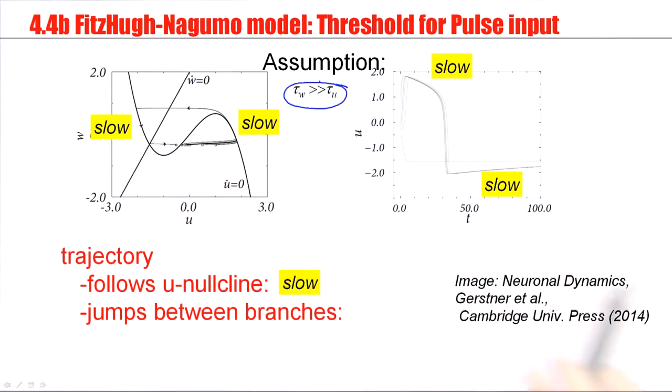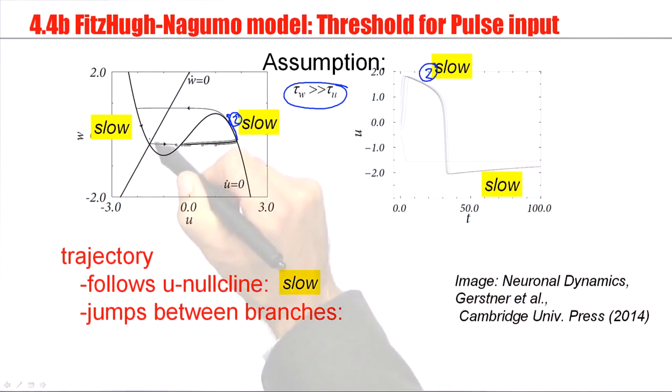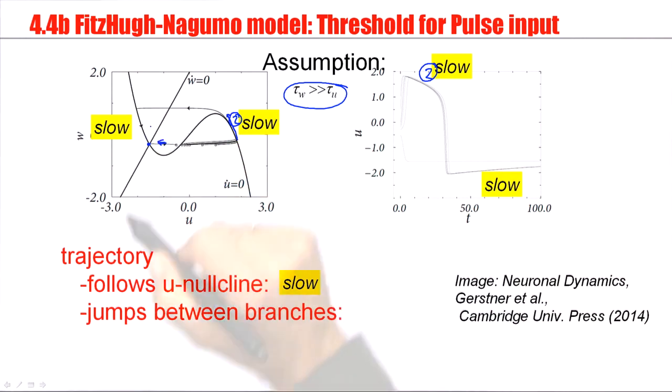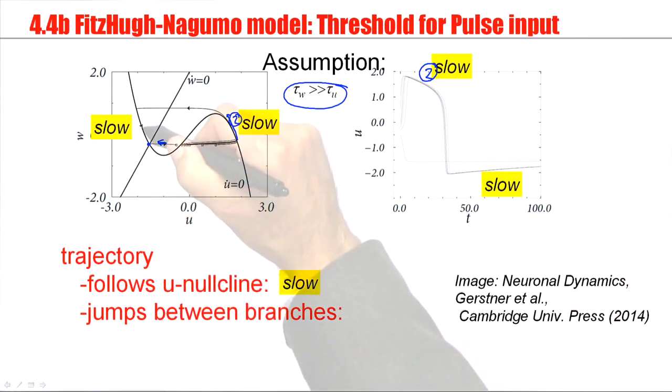You see that while it moves along the U-null line, the movement is very slow. While it moves back to the resting potential, the movement is very slow.